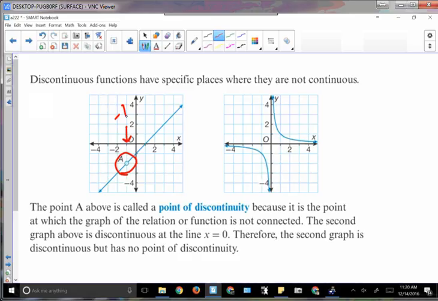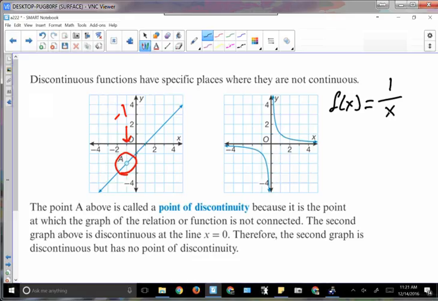So the point of discontinuity is going to be right there. If I look at this graph here, this function I happen to know is made by the equation f of x is equal to some number over x. I have no idea what the number is, but I can put 1 over x. I know that this is what it's going to look like. If I have a function like this, what happens if you put 0 in for x?